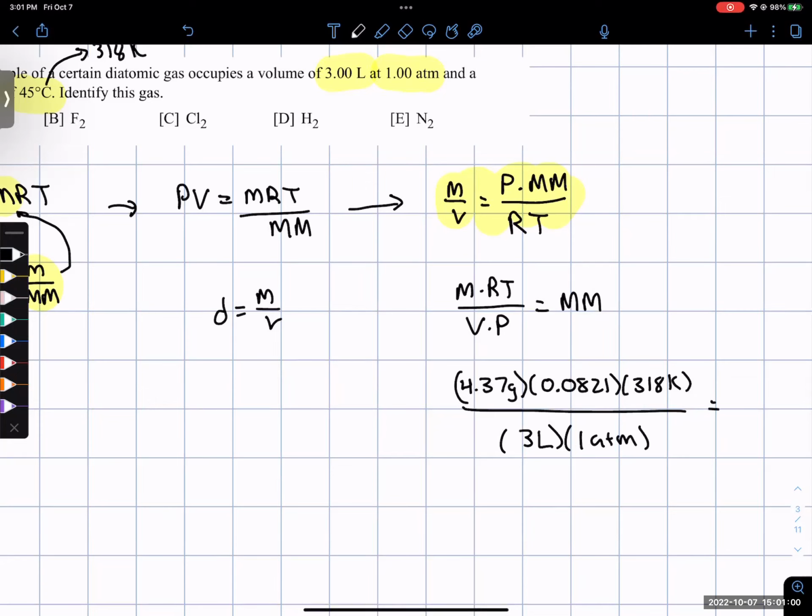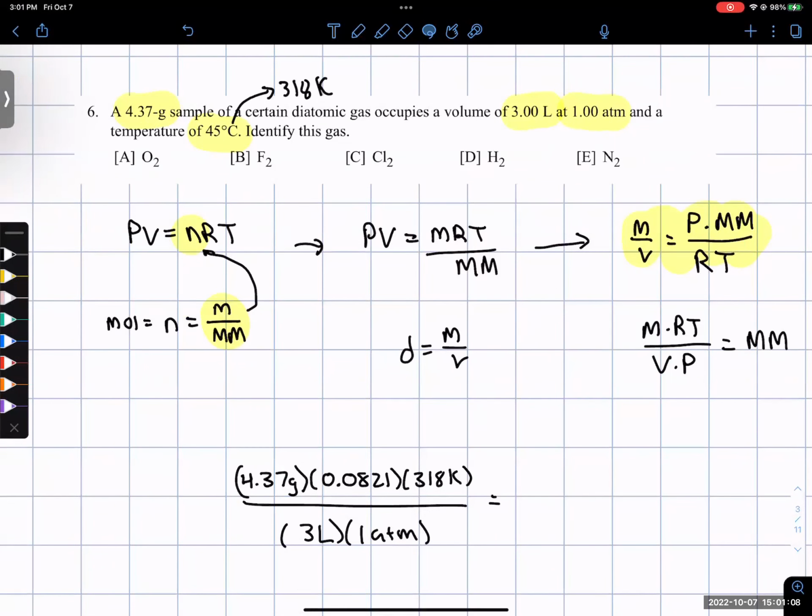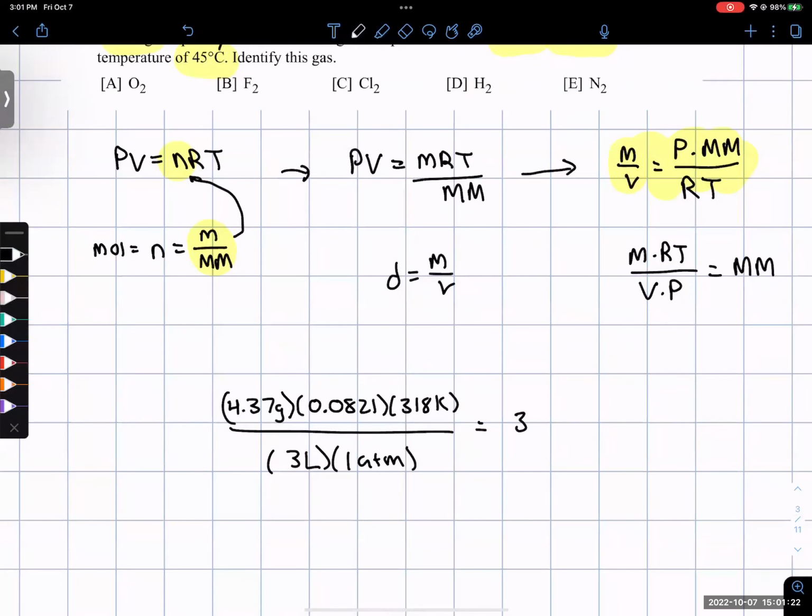So multiplying all that out, 4.37 times 0.0821 times 318, I got in math 38 grams per mole, right? Because those are the units of molar mass.